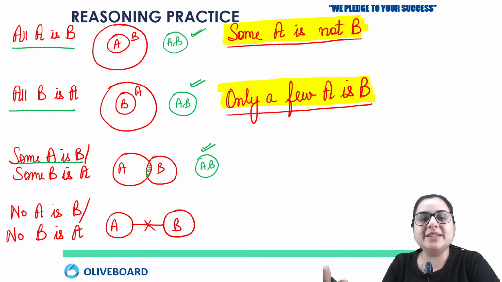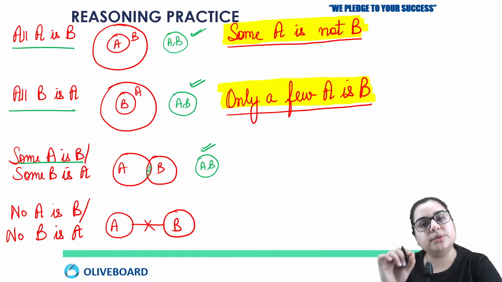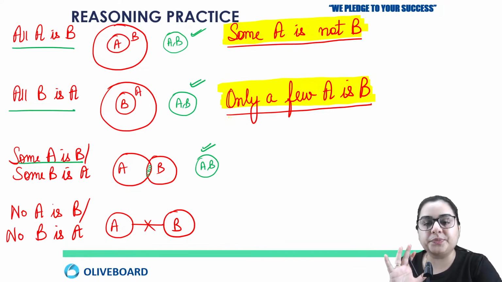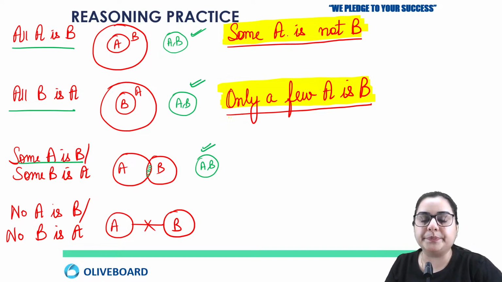But we always make the red inked diagram for the question, and we are going to do the same afterwards also. So what is the meaning of some A is not B? Students, I want you all to answer me. What is the meaning of some A is not B? How would you explain it to me?